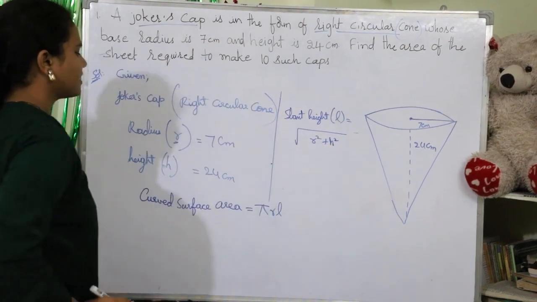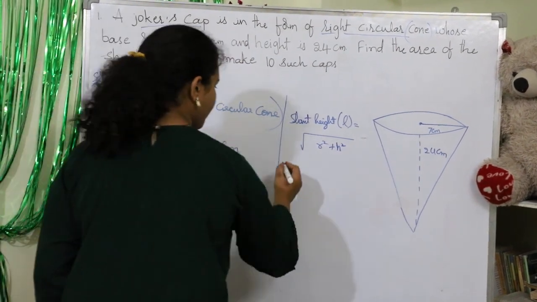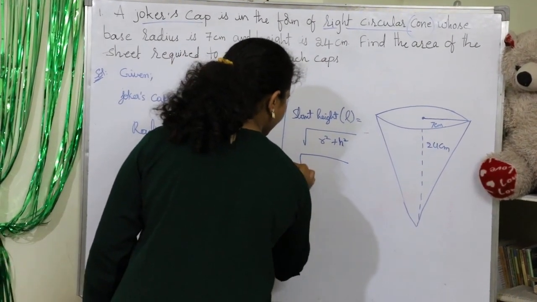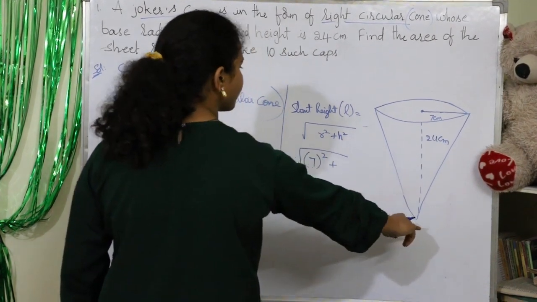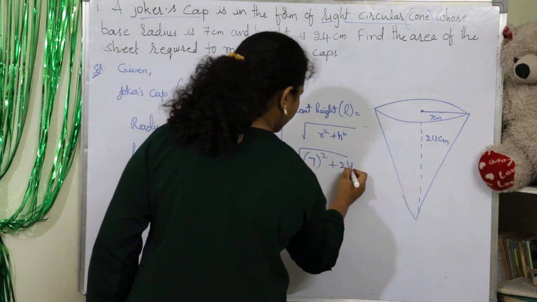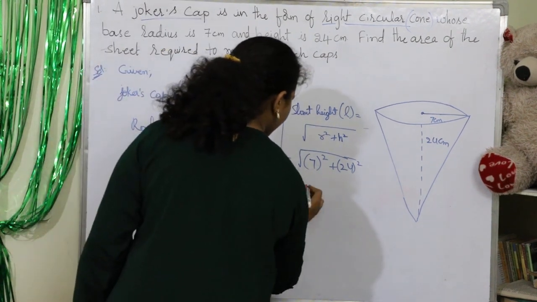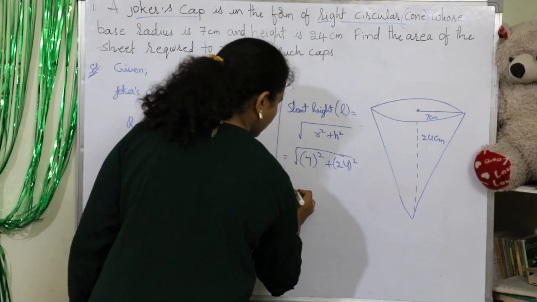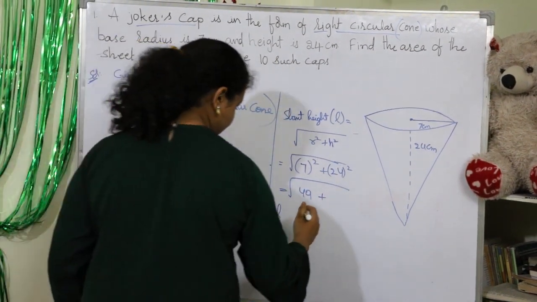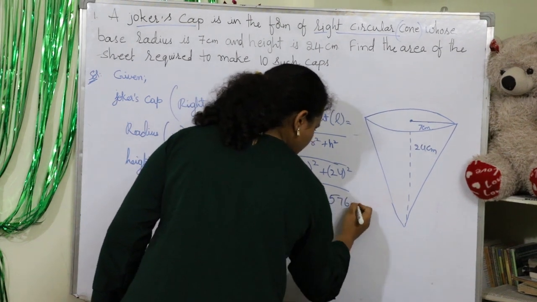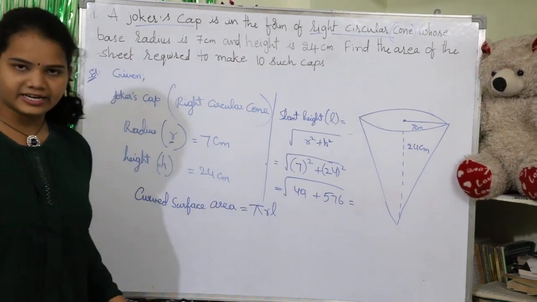Here r means radius and h means height, where the radius equals 7 and the height equals 24. So l equals root over 7 square plus 24 square. 7 square is 49, 7 into 7. 24 square is 576. So root over 49 plus 576, and 49 plus 576 gives 625.